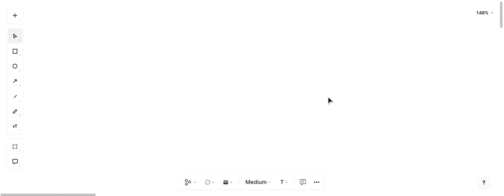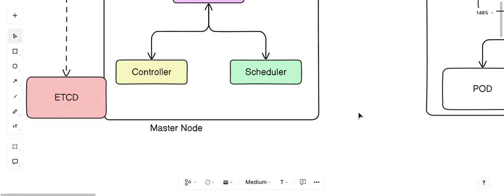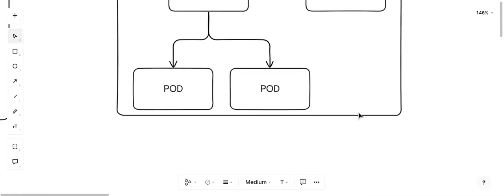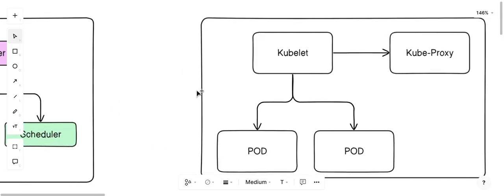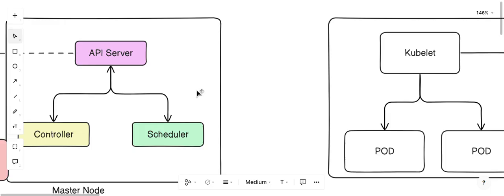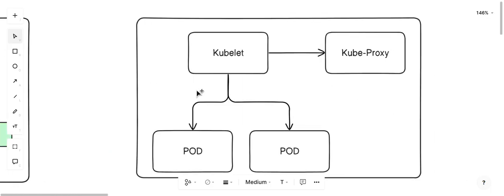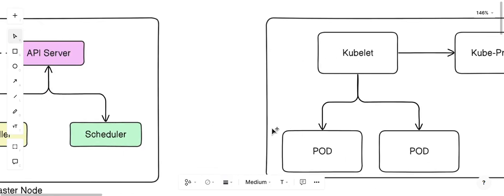In the current design we will just go with a single worker node, so it will be easy to draw and understand as well. What are these components, what is kubelet, what is kube proxy, what are these pods? We will understand slowly.